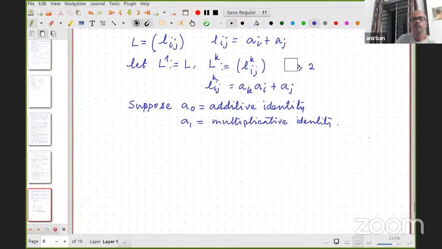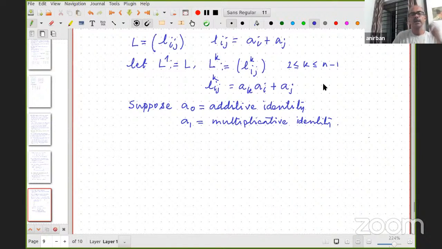We are doing this for 2 less than or equal to k less than or equal to n minus 1.